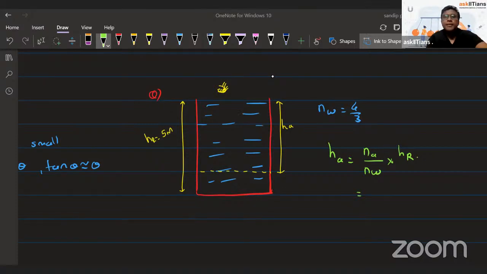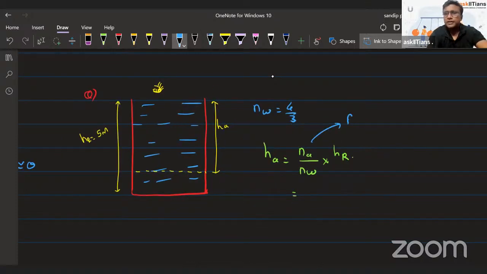No. NA means it's the refractive index of air. N means refractive index, A means air.